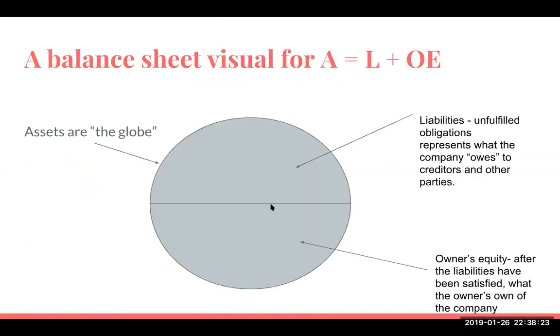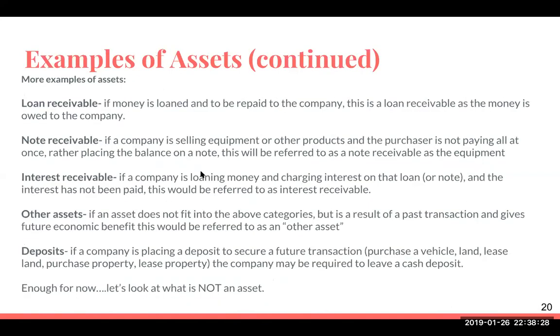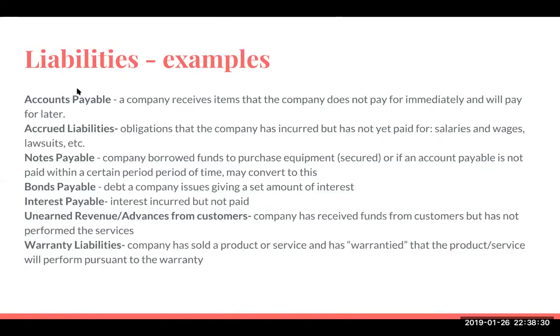Then when we look inside there, what are liabilities? Liabilities are examples of, say, accounts payable. I've received items, but I have not yet paid for them. I need to be paying for them later. I'm going to pause really quickly and show you an example of a company that has accounts payable.